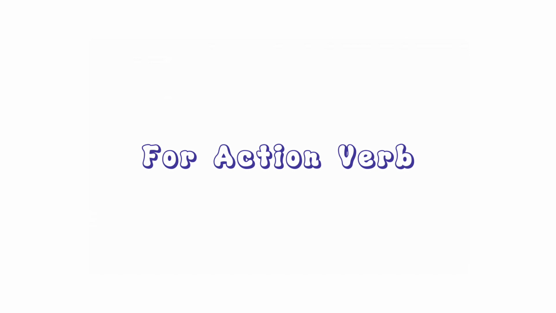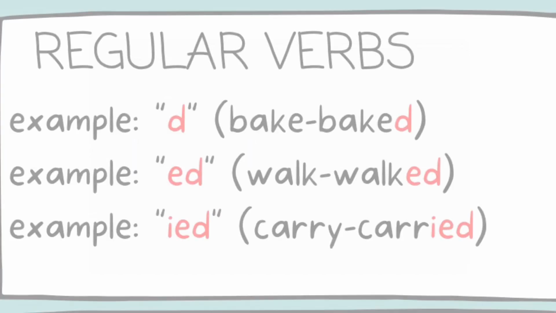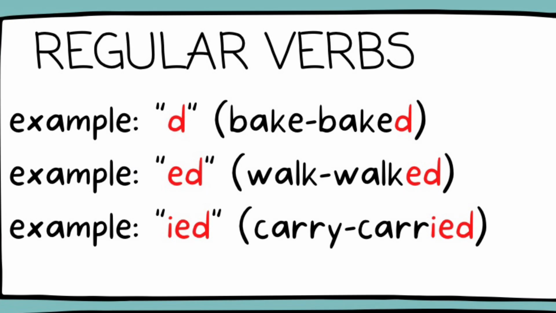For action verbs, there are also two types of form, of which number one is regular verbs and the second one is irregular verbs. The past form for regular verbs may end in D, ED, or IED.